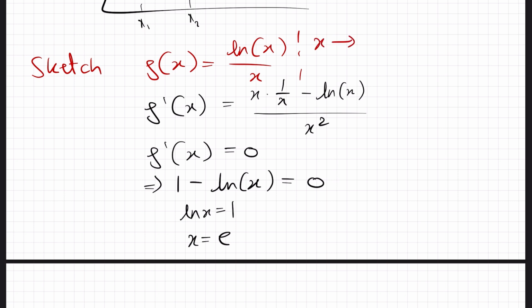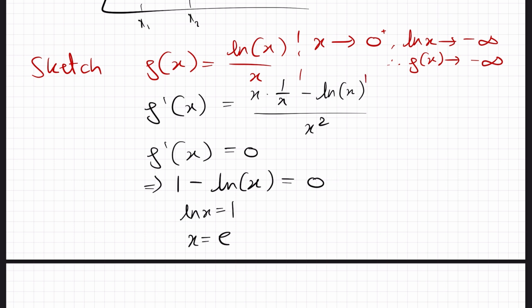As x approaches 0, ln x is going to approach minus infinity, and x is just going to approach 0, right? So this is a minus infinity over 0 situation, specifically 0 plus. So this means f of x is also going to approach negative infinity.